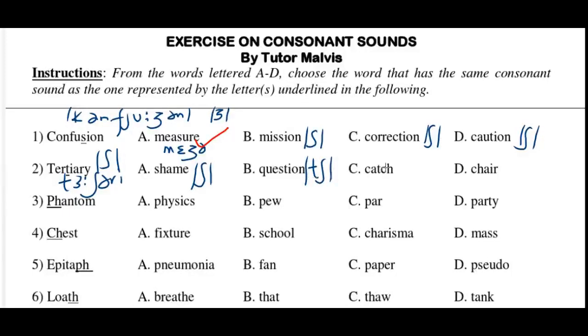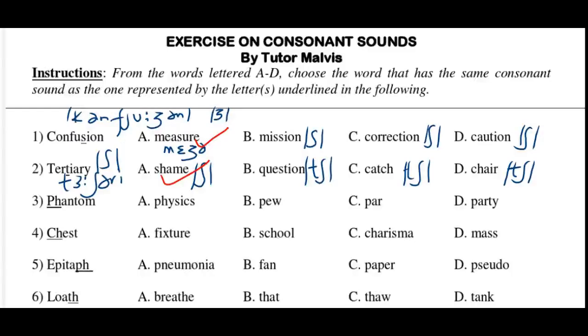Then C, we have catch, that's ch. Then D, we have chair, that's ch. So the only one that contains the same consonant as the underlined letters is option A, shame.